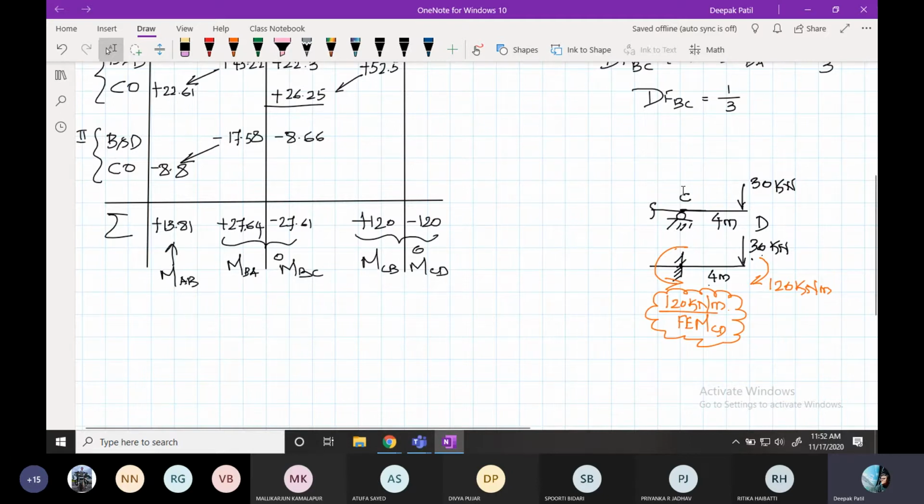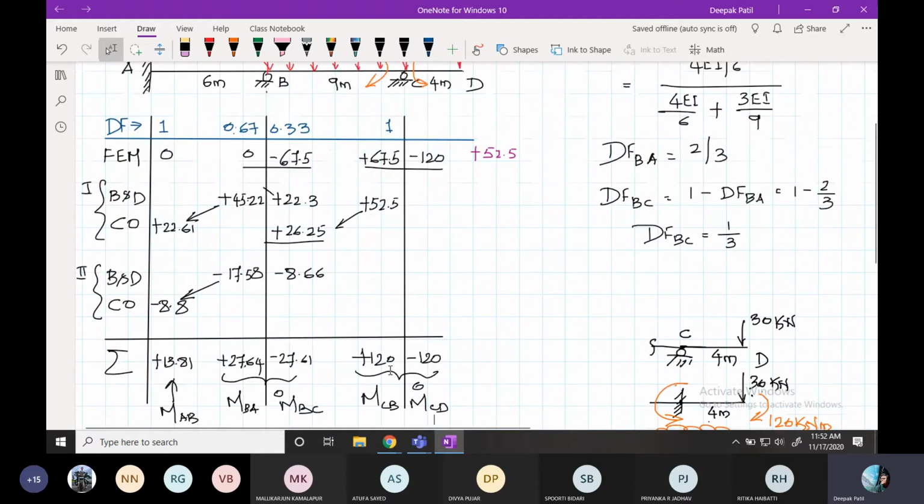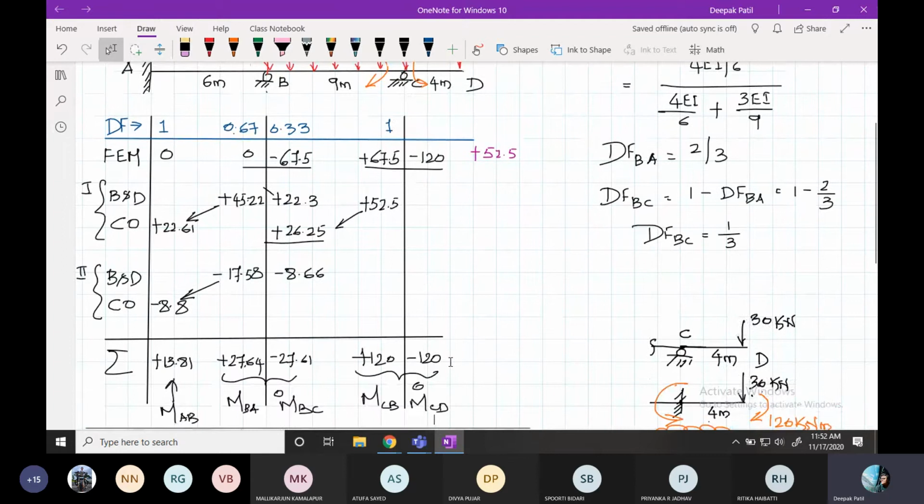But once you fix C, then the reaction will be minus 120 kilonewton meter, because there is a positive moment. To counteract that, you have to apply an anti-clockwise moment of 120 kilonewton meter. That's what we are getting here. So for the fixed moment, the moment MCB we are getting plus 120, but moment MCD we should be getting minus 120, right? Yes, sir. That's what we have got here.